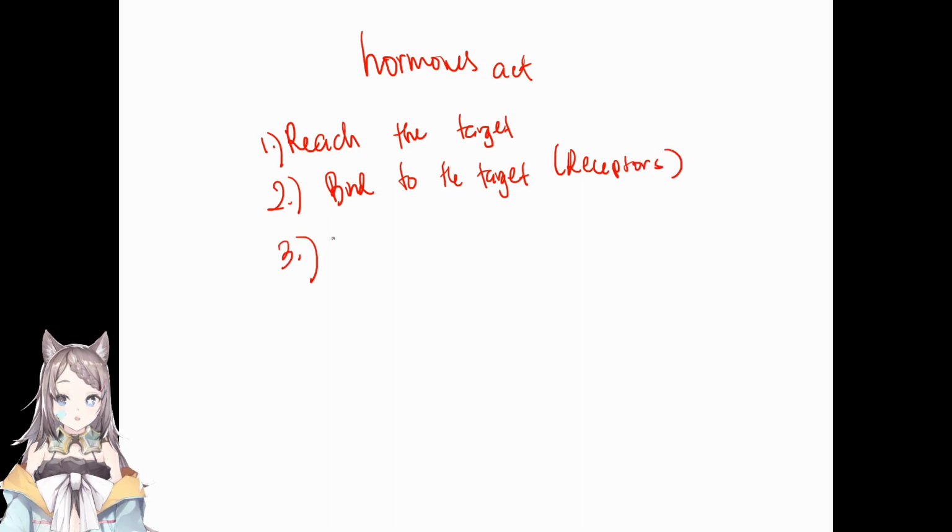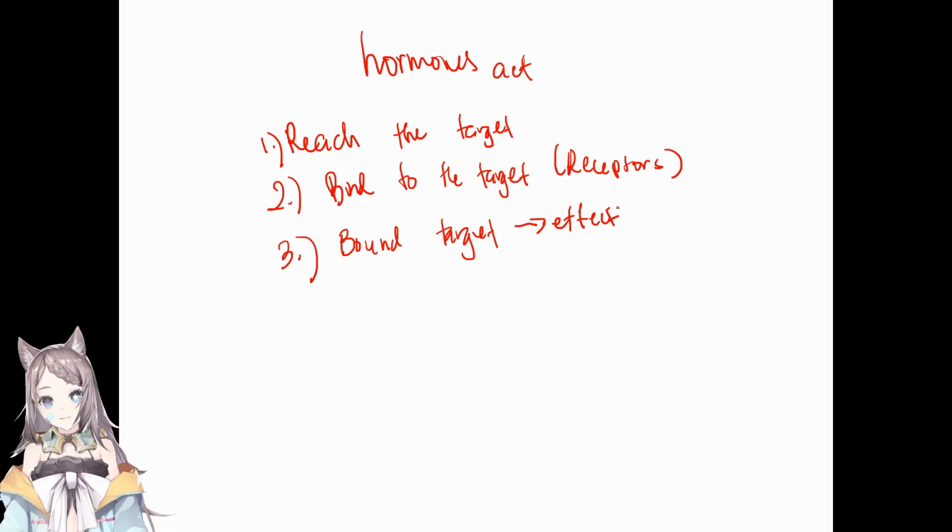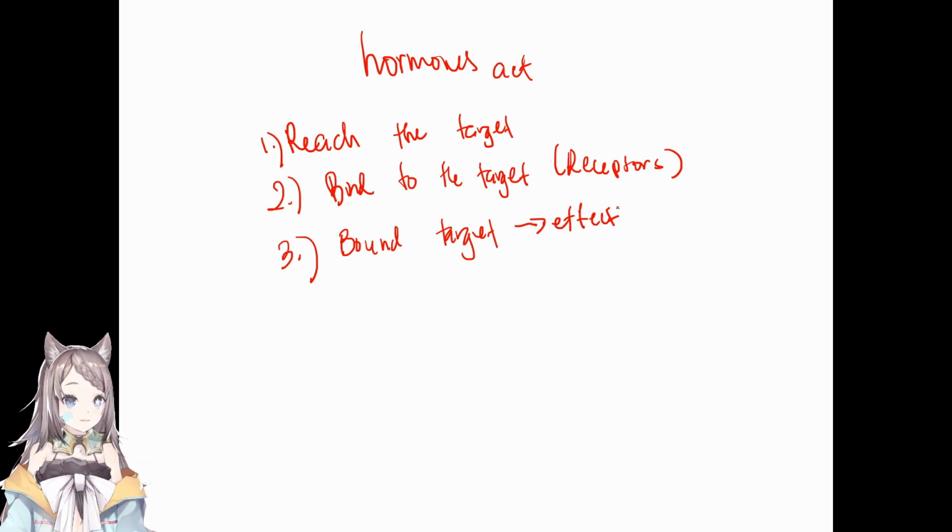And number 3, the bound target must elicit an effect or a change in the cell itself. It may be a different function of the cell. It may also be that the cell will secrete another hormone or any other effect. As long as there is a change in the cell, the hormone was successful.